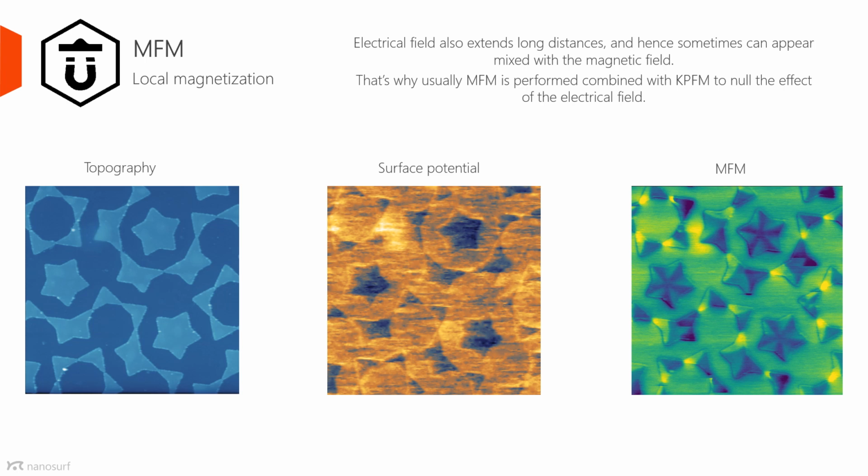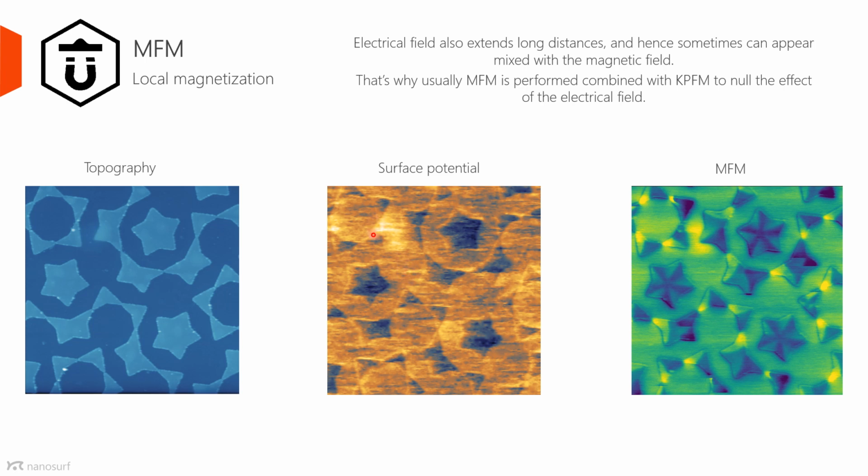So in this sample here, we have islands of a magnetic material, and the image in the middle shows the surface potential, and it shows that these stars in the middle have a higher charge or higher potential than the structures around them, and different potential at the background, of course.